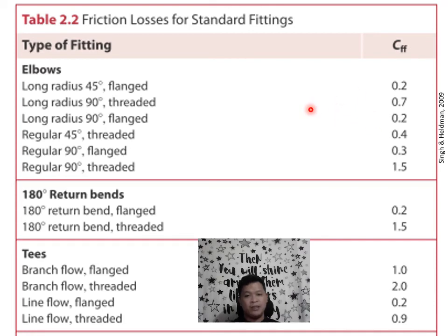So for example, if you have two long radius 90-degree threaded elbows, then that's 0.7 times 2. Tapos kung meron ka pang return bend na 180 degrees flange, then you add 0.2 to that. So you just sum each individual fitting and multiply the total CFF with the U squared over 2.